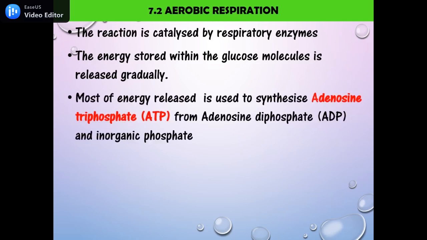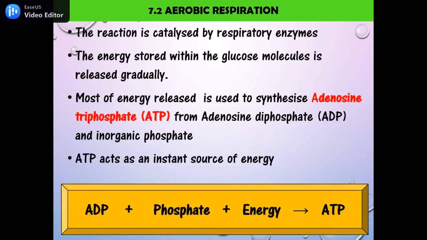Most of the energy released is used to synthesize adenosine triphosphate, ATP, from adenosine diphosphate, ADP, and inorganic phosphate. ATP acts as an instant source of energy. ADP plus phosphate plus energy becomes ATP.